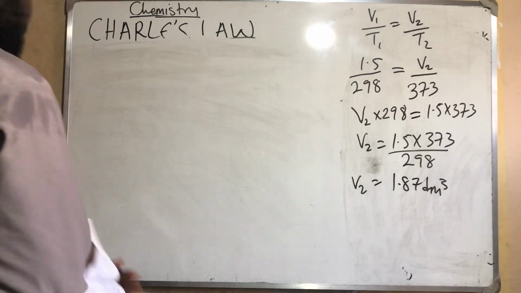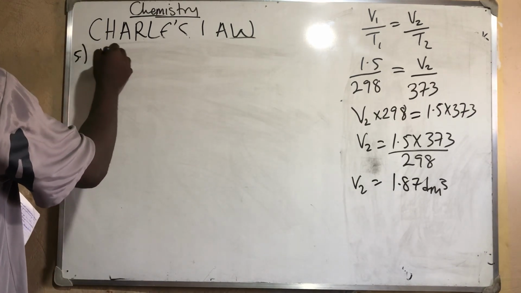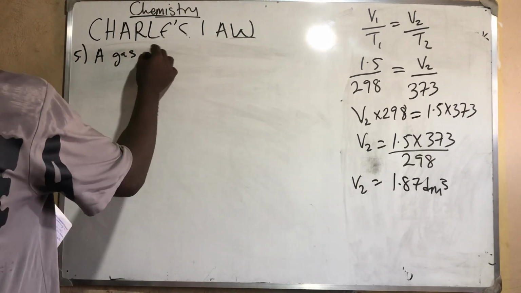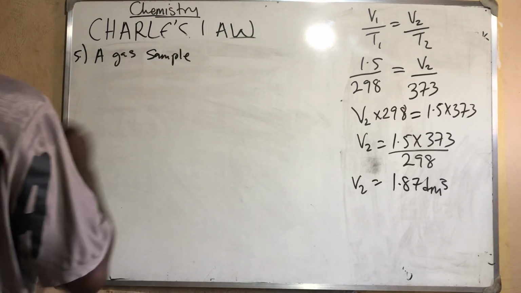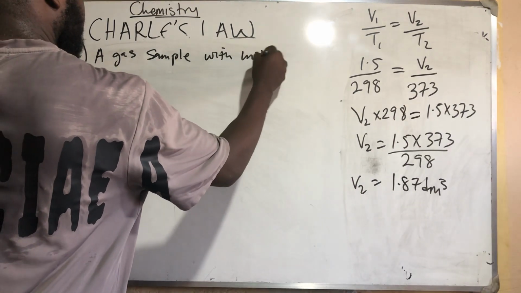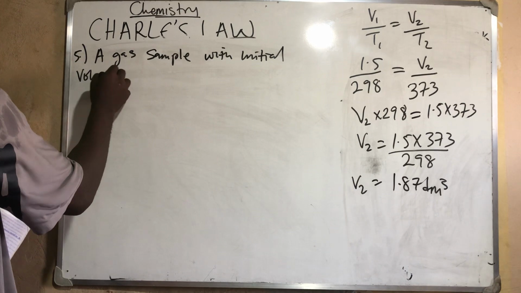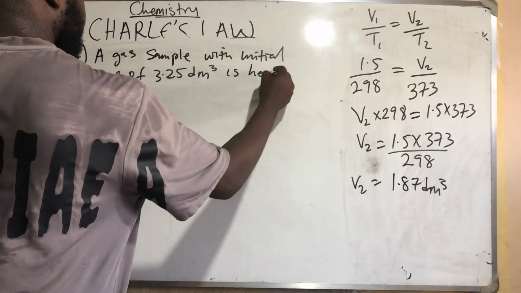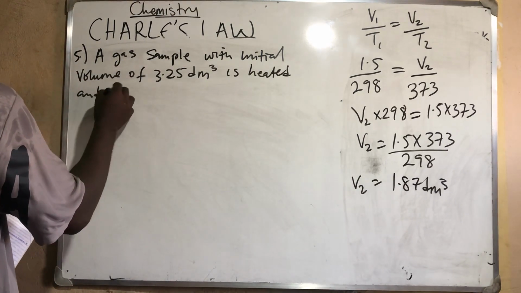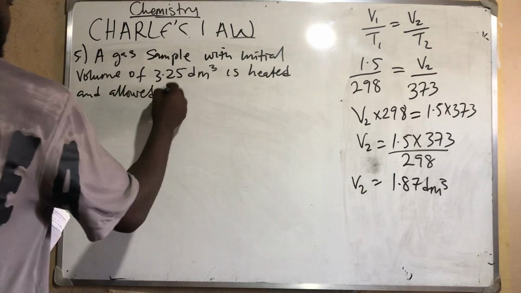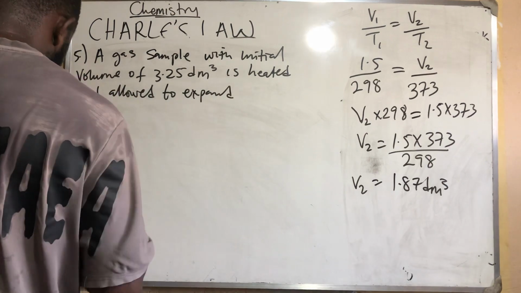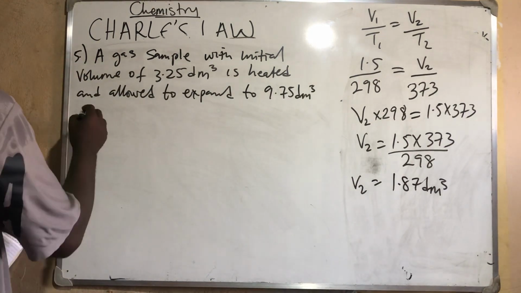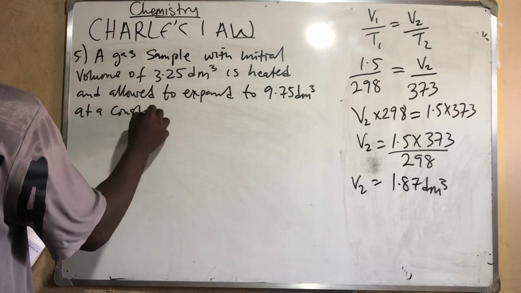So question number 5 said a gas sample with initial volume of 3.25 dm cube is heated and allowed to expand to 9.75 dm cube, at a constant pressure.